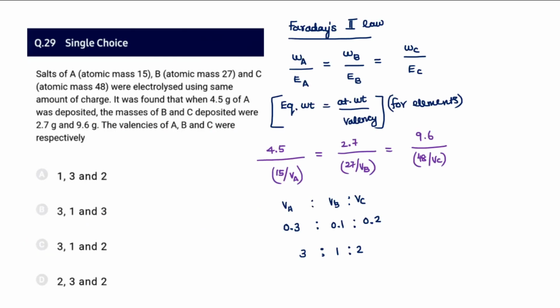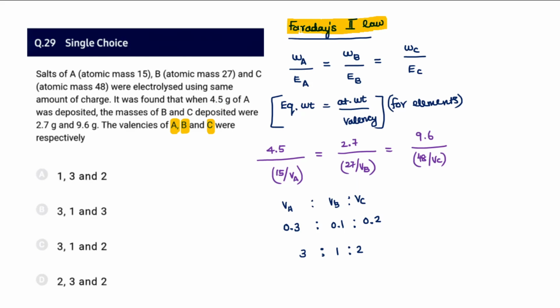29, salts of A, B, C were electrolyzed with an equal amount of charge, and the amount deposited at each electrode A, B and C is also given, and they're asking you to find the valencies of A, B, C. The valencies can be calculated using Faraday's second law.